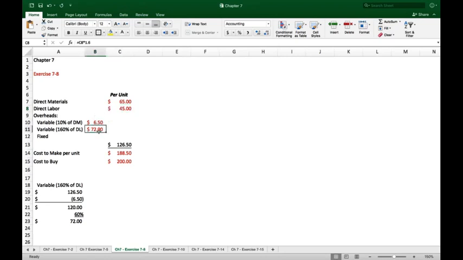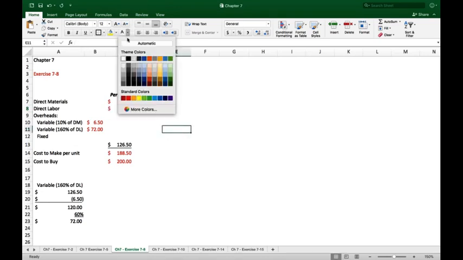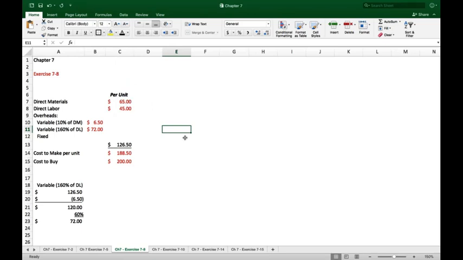So $72 is 160% of $45. How do I come up with that answer? It's very easy. Let's do this calculation. 72 divided by 45 gives me 1.6. And that's how I wrote down that variable cost is 160% of direct labor.